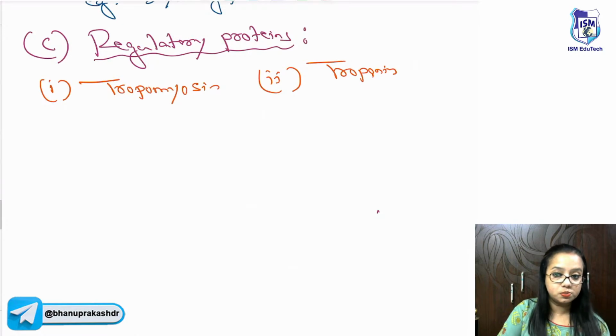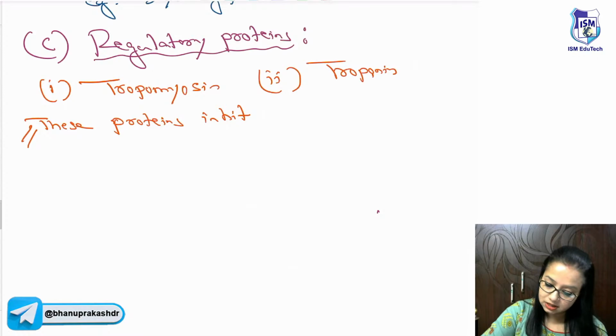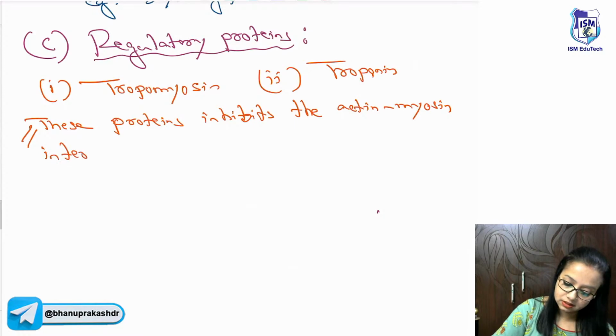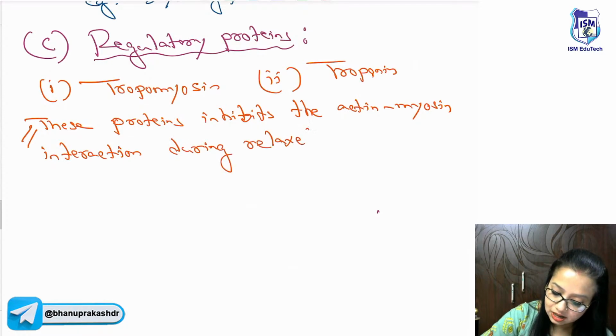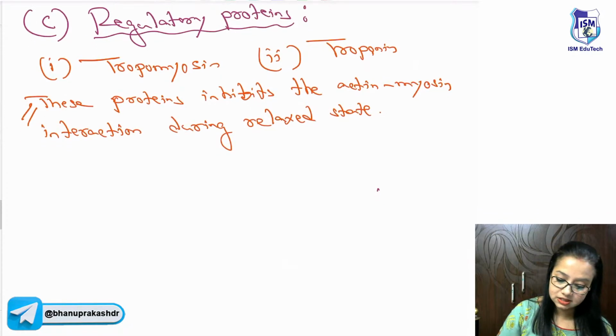Now, both these proteins, what is their main function? These proteins inhibit the actin myosin interaction during the relaxed state, or until and unless the contraction is needed. Okay.